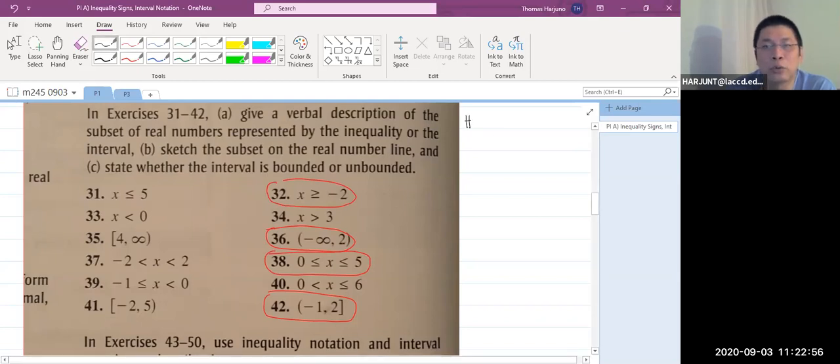Number 32, we have x greater than or equal to -2. Get the verbal description. Part A, x is at least -2.